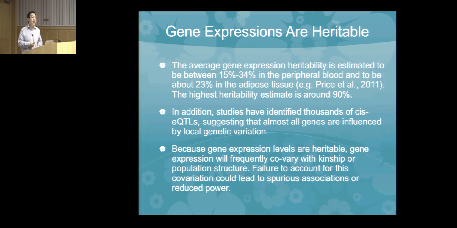Therefore, it's important to account for individual relatedness or population structure. We all know that in genome-wide association studies, it's important to account for this type of structure, whether it be family structure or population structure. If you fail to do that, you are going to have a huge type 1 error, a lot of spurious associations, or even reduced power.